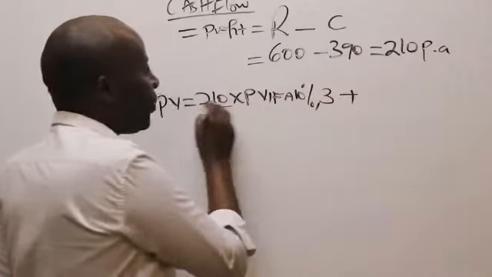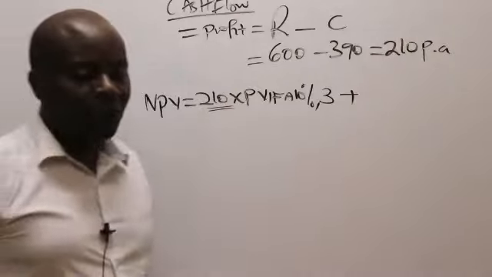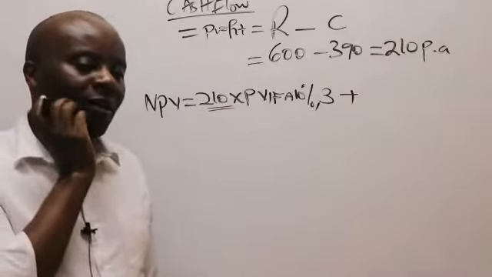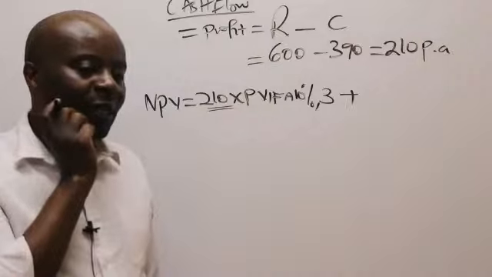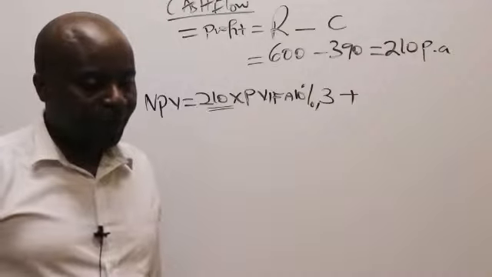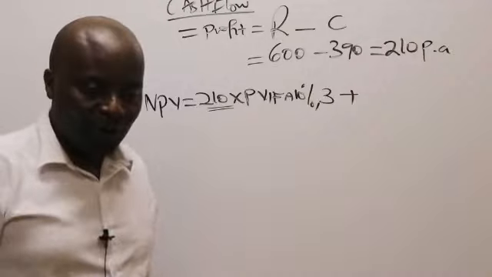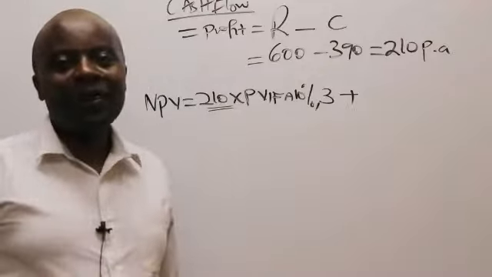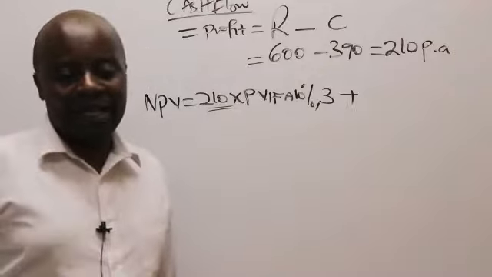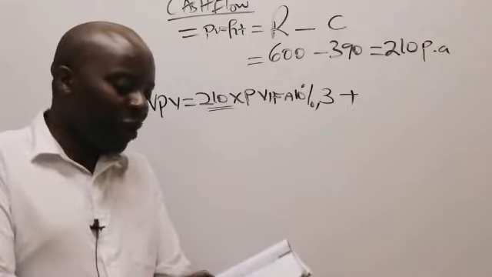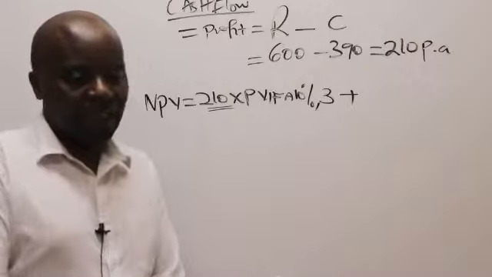Apart from this operational cash flow, are you able to see any other cash flow that we shall be enjoying? The sale of the equipment at the end of the 3 years. This equipment will be sold. There is a scrap value given there. A scrap value of how much? 80.